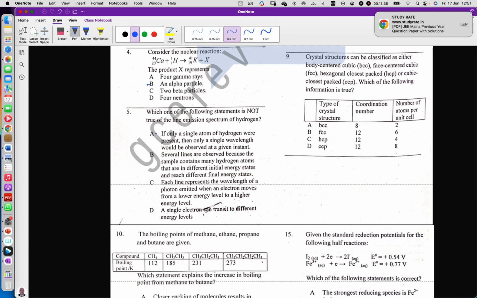You know that in the line emission spectrum of hydrogen, electrons fall from a higher energy level to a lower energy level.